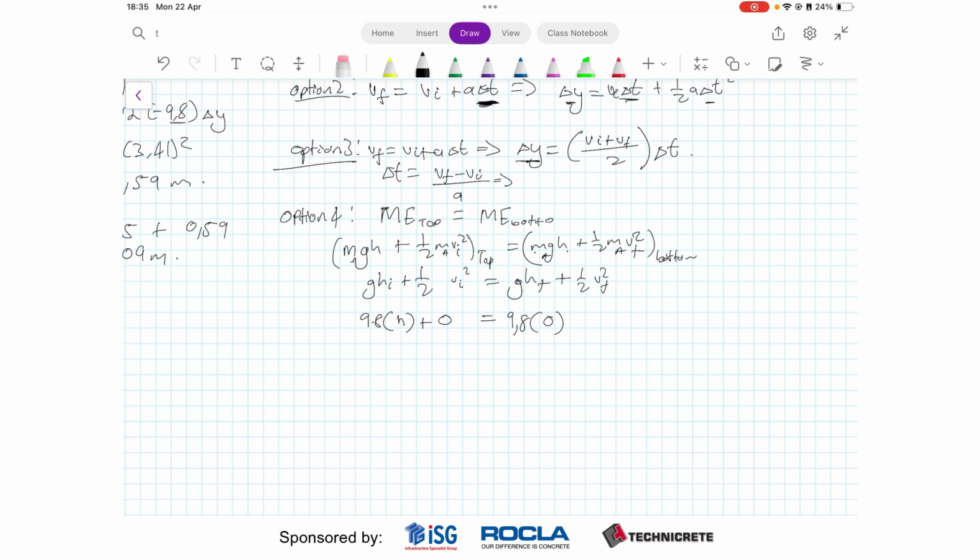Now please excuse me, I have used the wrong subscript. This is V final and this is V initial. This is final, this is initial. All right, so the initial height of block A was 0 plus 1 over 2, and the initial velocity of block A is not 0, but rather 3.41 meters per second.